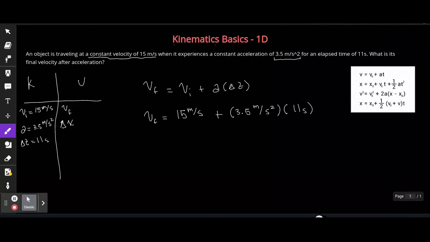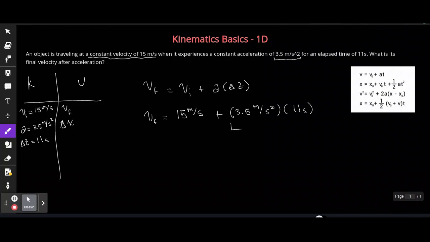And by the way, these are correct SI units, meters and seconds. If these were, for example, inches or feet, hours, or minutes, you would likely need to convert them to meters and seconds.